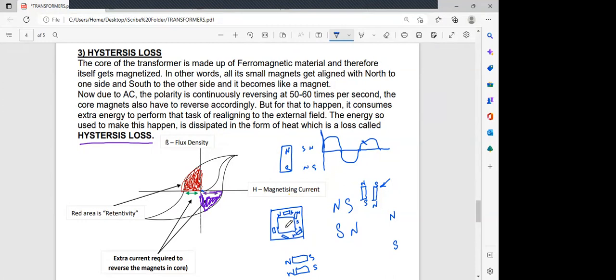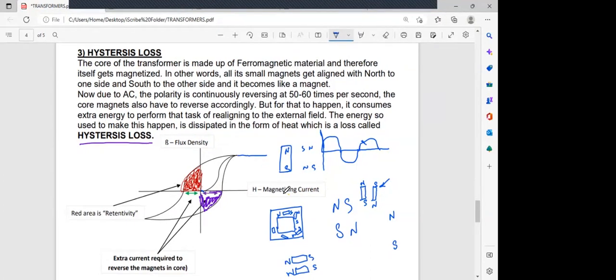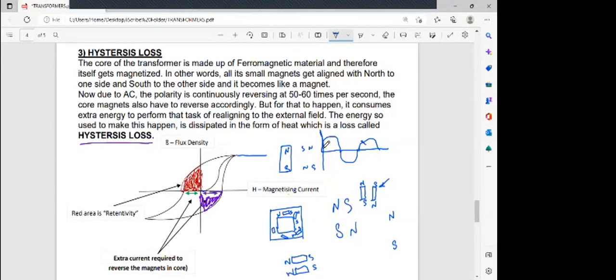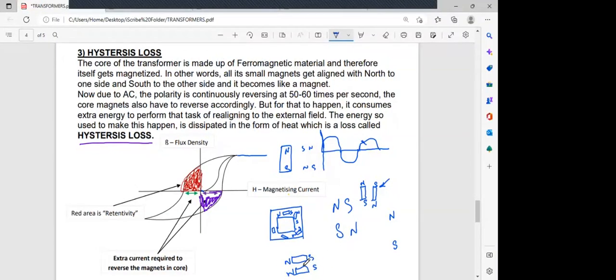Any further current or voltage is not going to change anything. So you're going to have this saturated. You have reached the saturation point, and no matter how much you try to increase the magnetizing current, you're not going to change anything further because they have already been arranged.